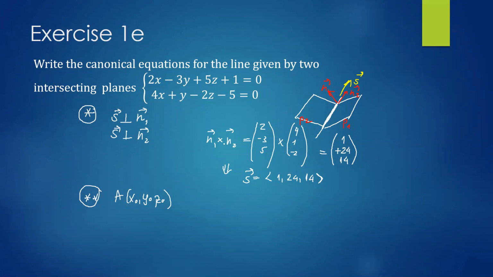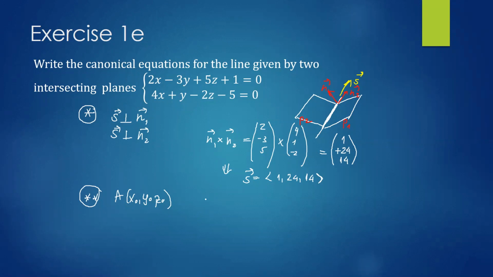In other words, we can choose, for example, the x value and find the corresponding y and z values. Or we can choose the z value and find the corresponding x and y values. So in principle, it's up to us what we choose, and what we find. So in general, you may choose whatever value for one of the variables, whatever you like.